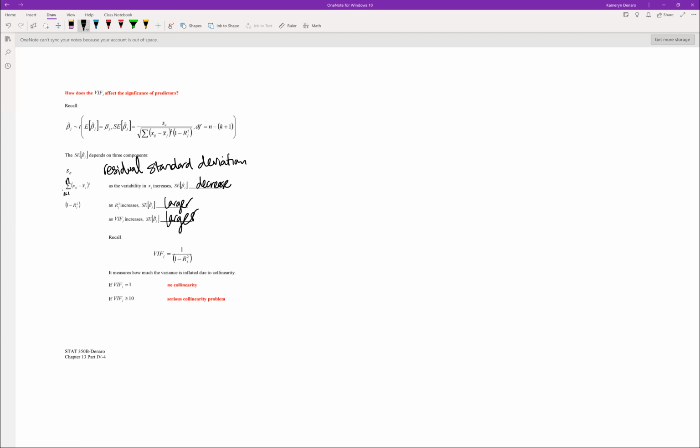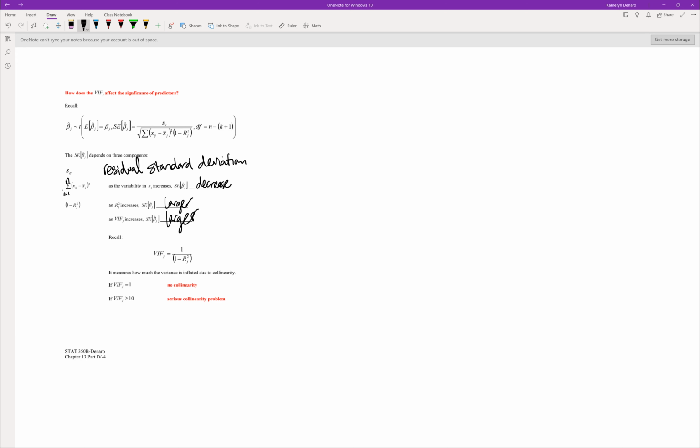So it's going to be hard to tell whether or not things are significant, because essentially your predictor standard error is going to be inflated by this factor of how related your variables are. So if your VIF is equal to 1, you don't really have an issue with variance inflation.